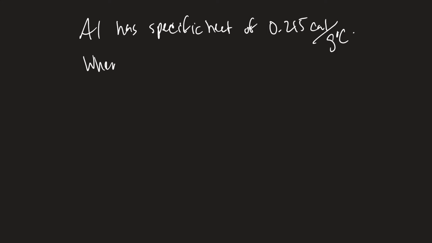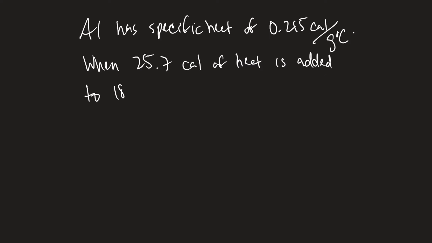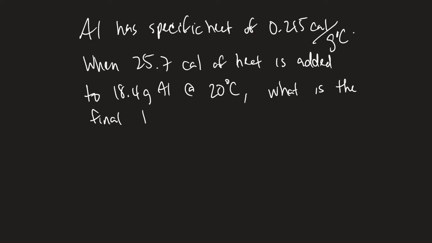So when 25.7 calories of heat is added to 18.4 grams of aluminum at 20 degrees Celsius, what is the final temperature?